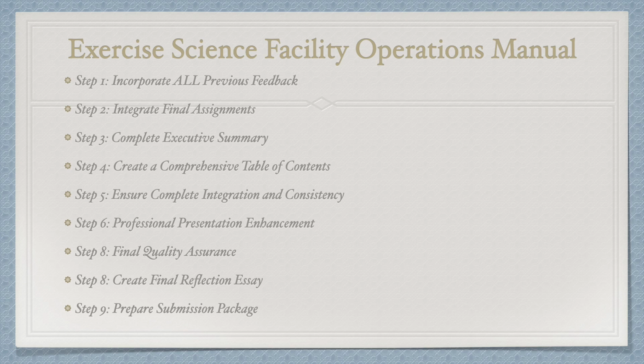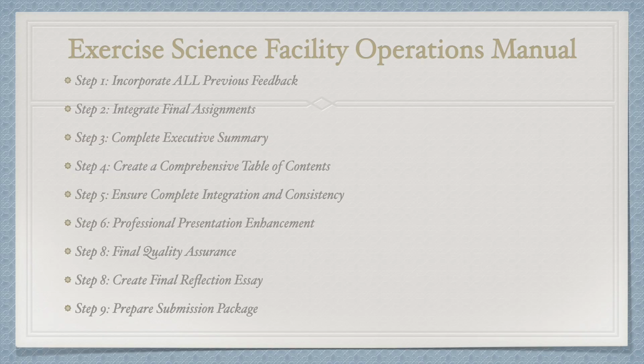Consistency audit: facility name consistently throughout the paper. Staff titles consistent throughout. Terminology consistent. Numbers consistent. Dates and timelines consistent. Policies don't contradict each other. Completeness check: no major gaps in content.